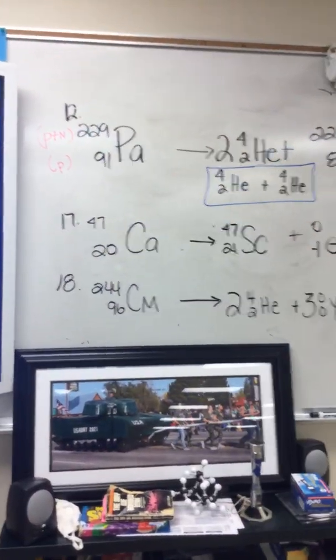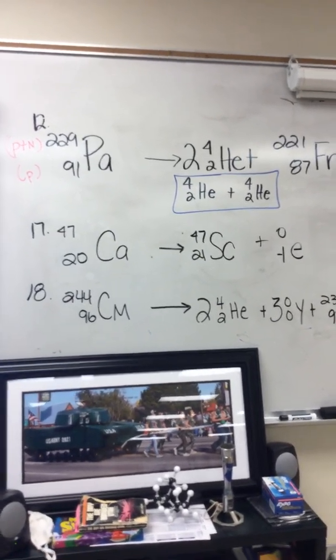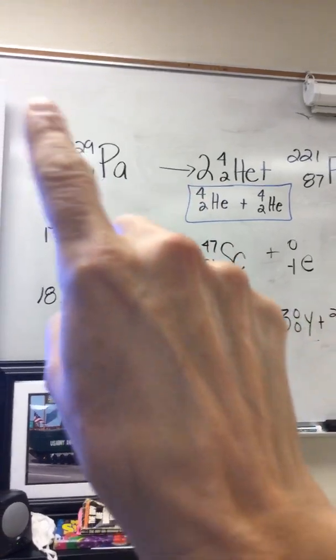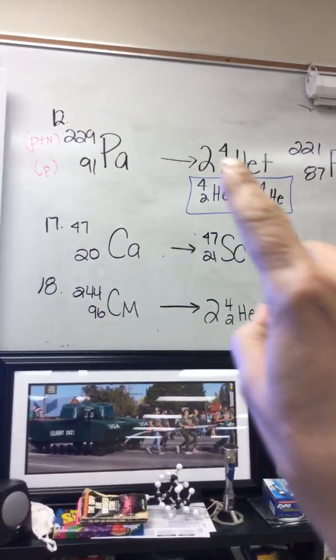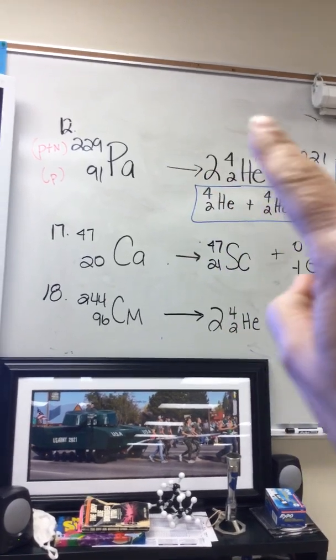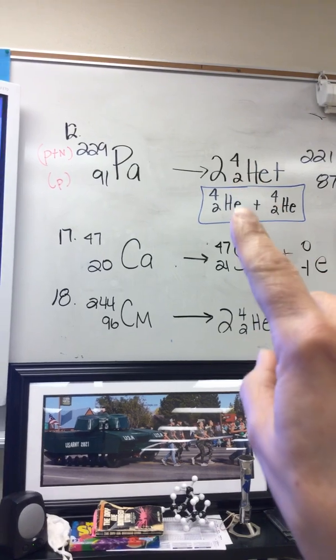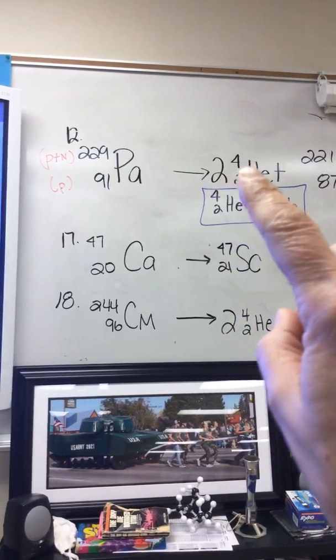Protactinium, Pa, is my radioactive isotope that's experiencing the decay. I draw the arrow because each parent is going to get an arrow in decay. You'll get your radioactive particle, which were the 2 alphas. I like to write it with a big coefficient of 2 in front of the alpha particle. It then becomes a multiplier.